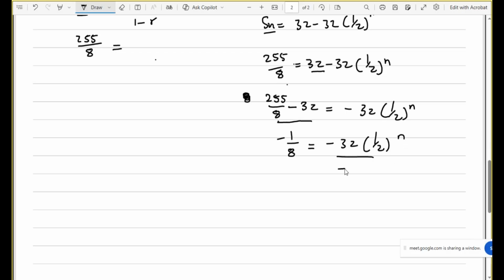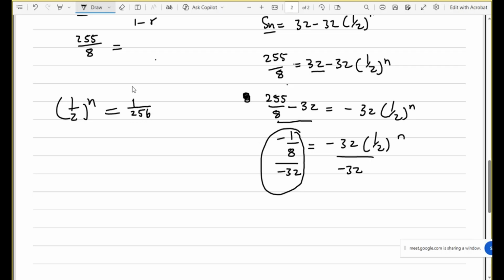Then when you divide this side by negative 32, what do you get? What is 1 over 2 to the power n equal to? 1 over 256.